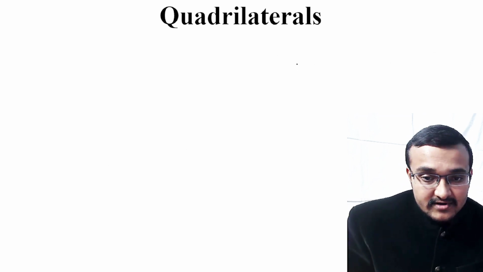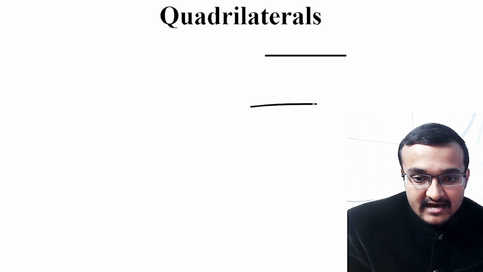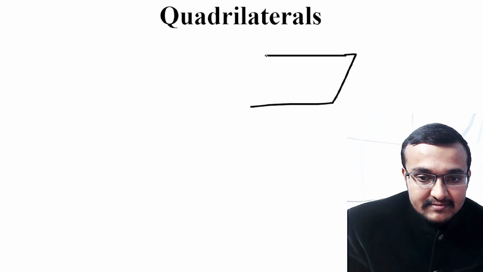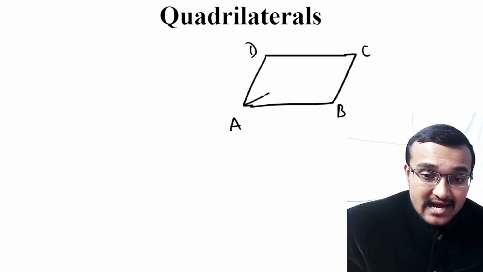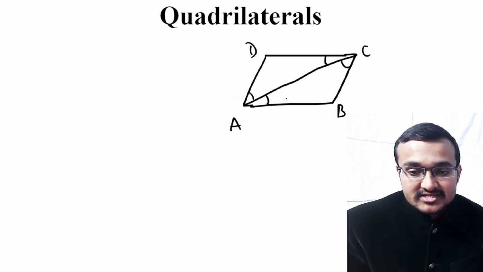Here the diagram which they have given is like this. We have a parallelogram ABCD, and they have given a diagonal AC. We already know that this particular angle and this particular angle are equal to each other, and this particular angle and this particular angle are equal to each other.